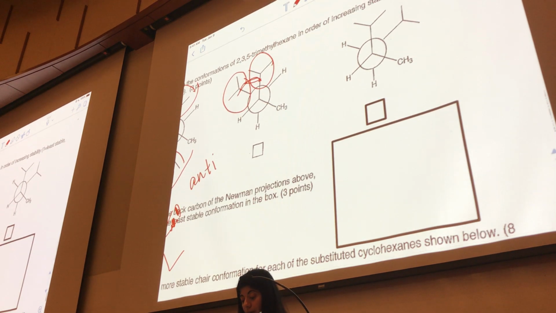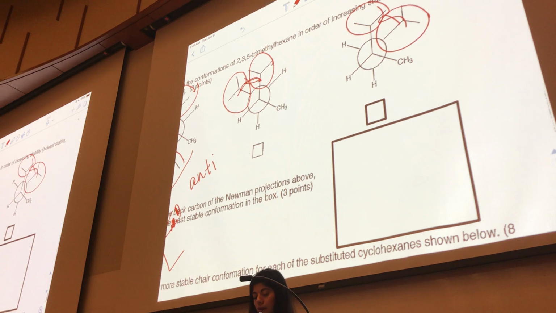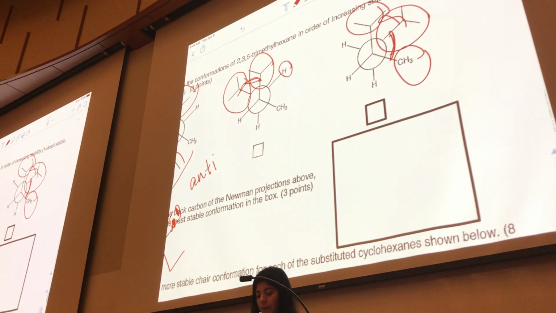And then here we have the same idea. You see how they're also 60 degrees? More electron repulsion. And then you're going to have to compare it to the next one. This also has a methyl group. A methyl group is not as bulky as isopropyl, but it is bulkier than hydrogen, for example. So you're comparing these. Okay?